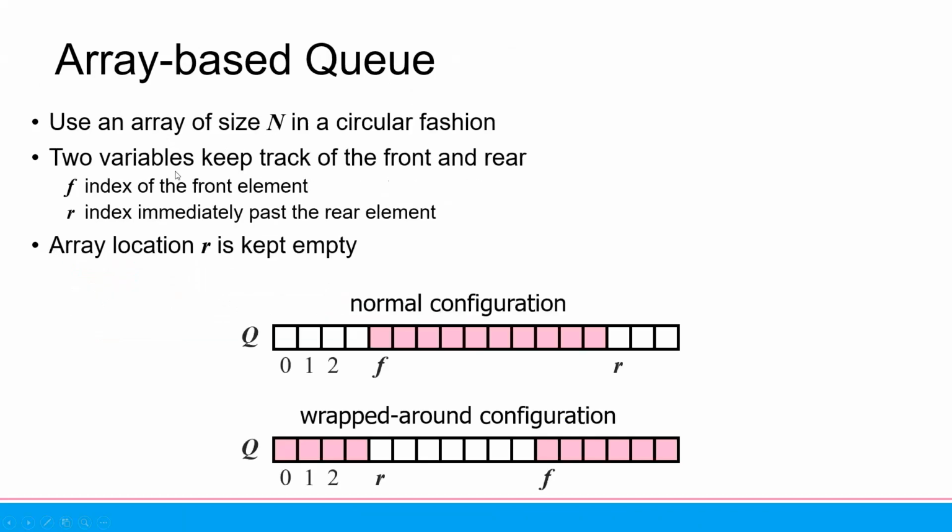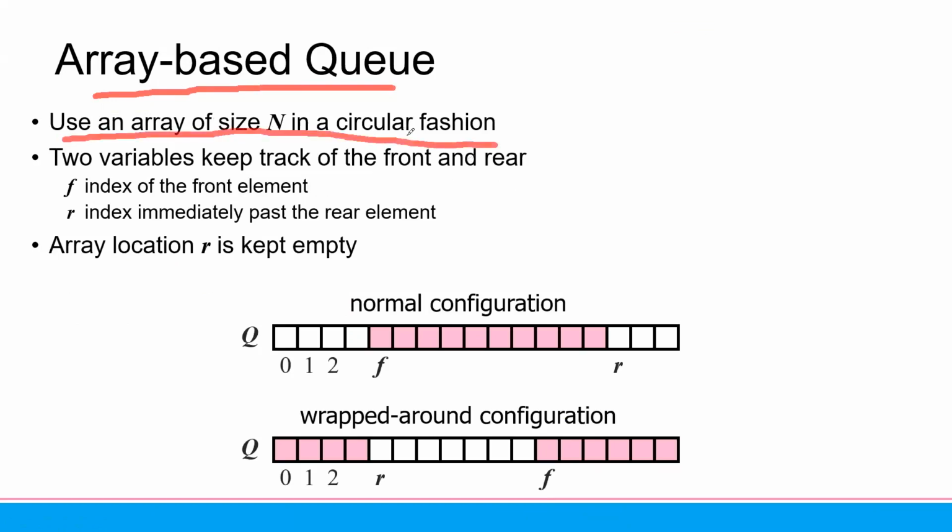In the queue, we can use an array. Like in the stack, we can use an array-based stack. So in the queue, we can also use an array-based queue. The array-based queue we usually say is the circular version.